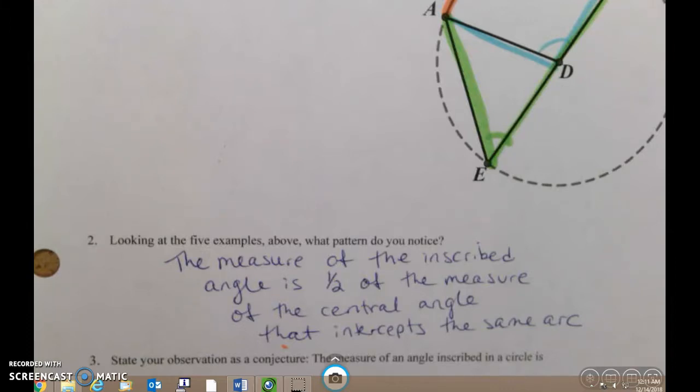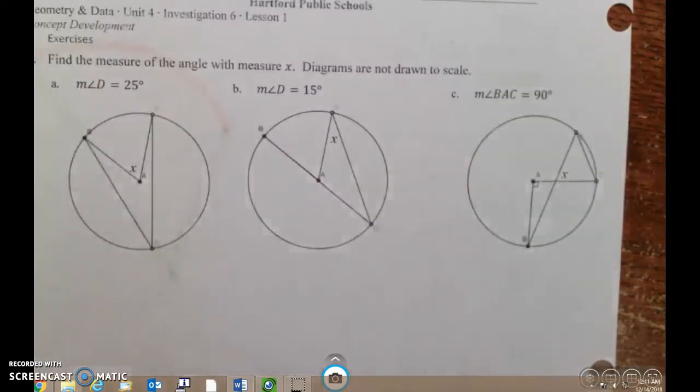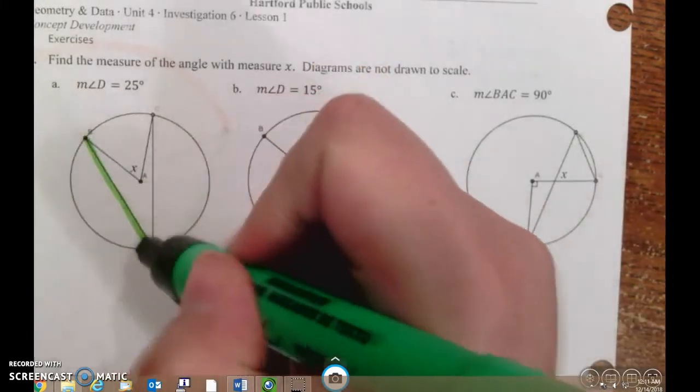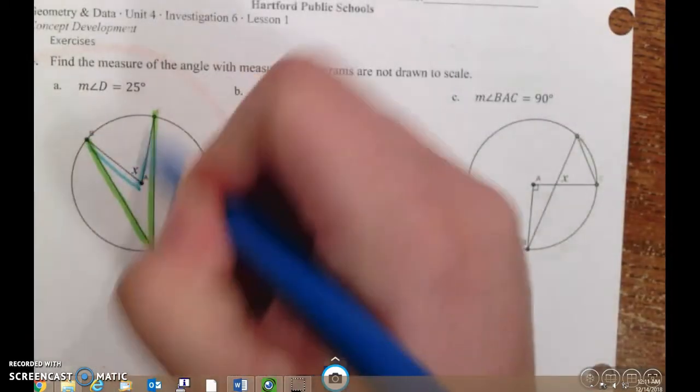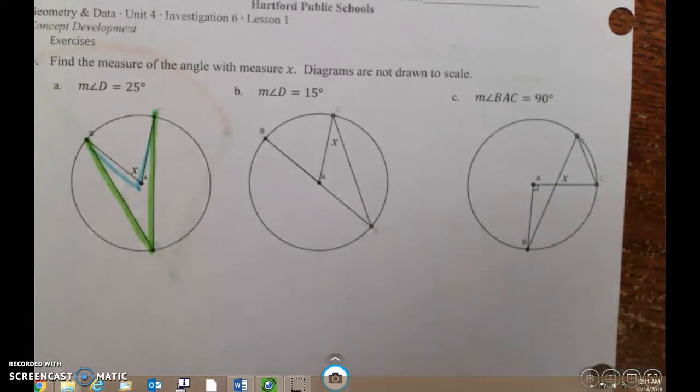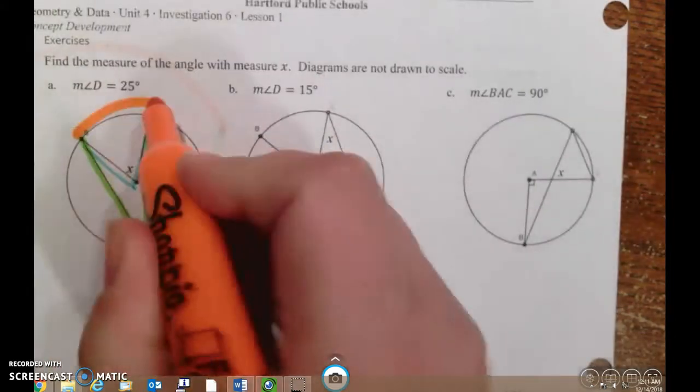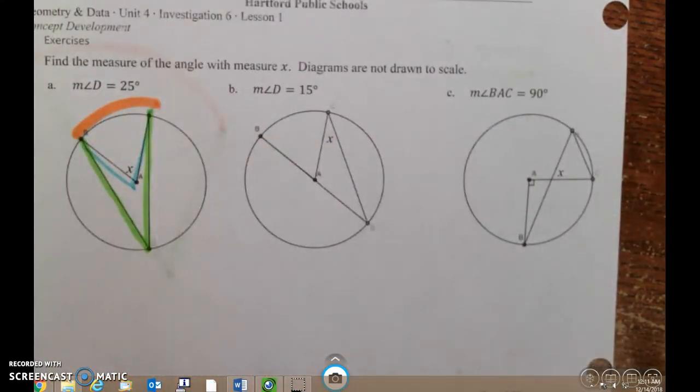Alright, so let's take a look at page 98. Here's some practice problems for us. What might help is if you continue to mark them up using colors so that you can see the two angles we're talking about. Once you get better at it and you can start picking the diagrams out, you don't need to keep doing that. But if it helps you visualize, that's what makes it easier.